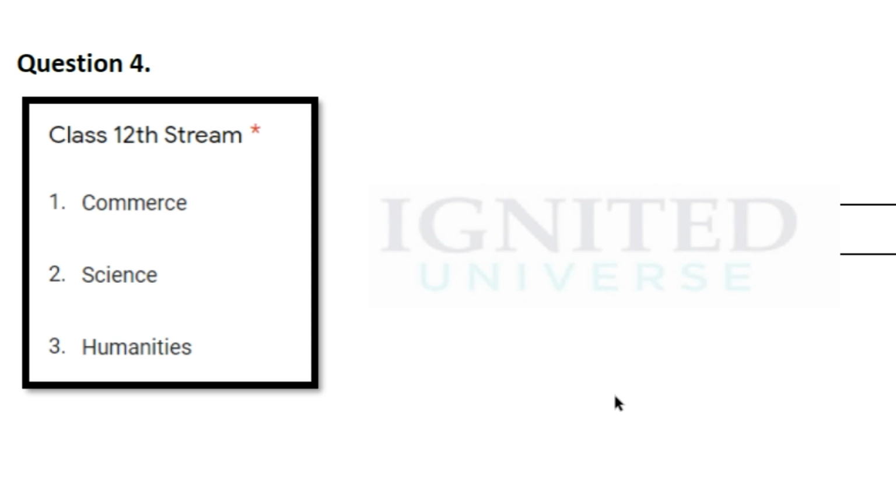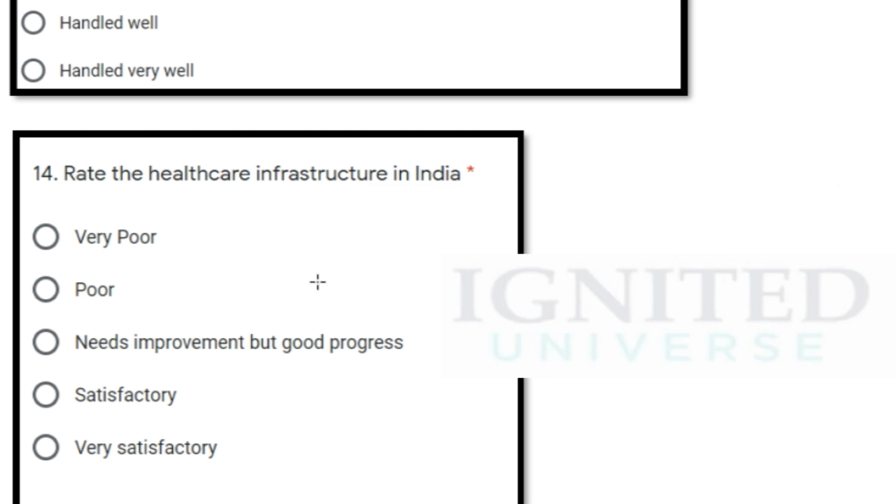The categories given are commerce, science and humanities. Such type of data is called categorical data. However, if we look at this question wherein we are asking to rate the healthcare infrastructure in India, and the ranking is asked from very poor to needs improvement to satisfactory to very satisfactory, there is a specific order in these categories, and hence this data falls under the category of ordered data.